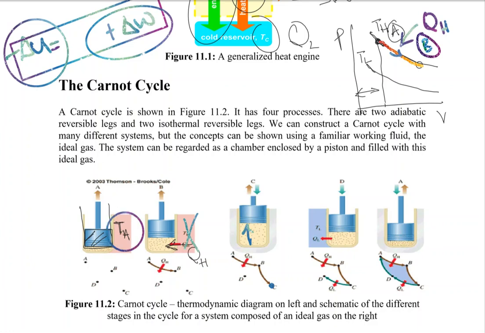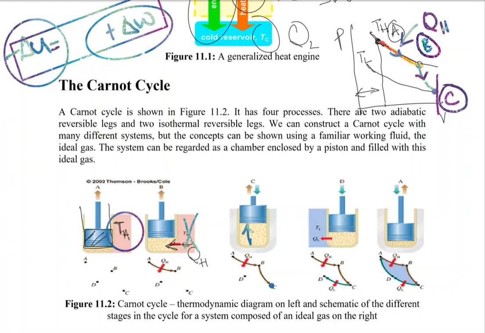But when we stop supplying heat to the system, there is still an expansion, and that expansion is from B to C. That expansion is a reversible adiabatic expansion, in which the internal energy is decreasing while there is some work done by the system on the surroundings.